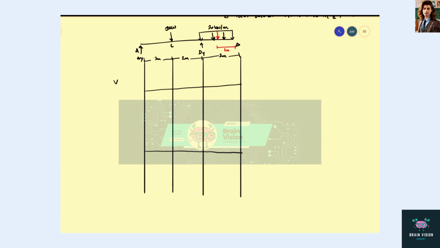So that's our shear. That's going to be our moment. A, C, D, B.